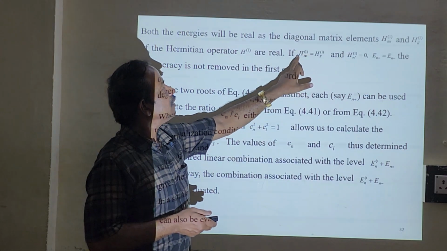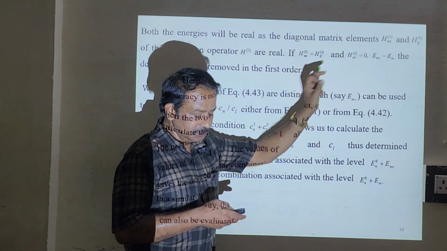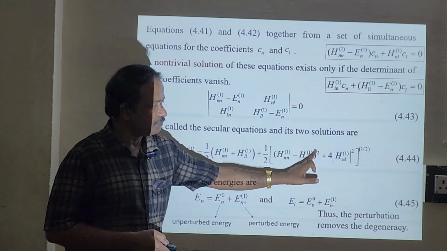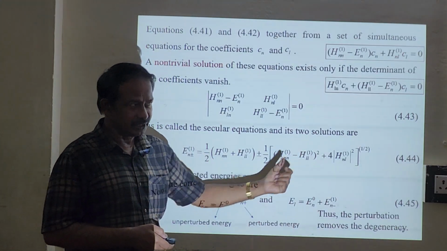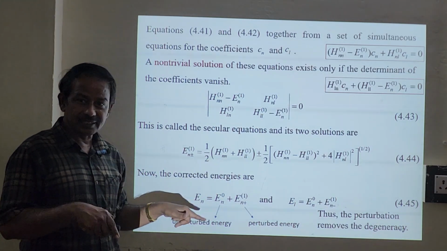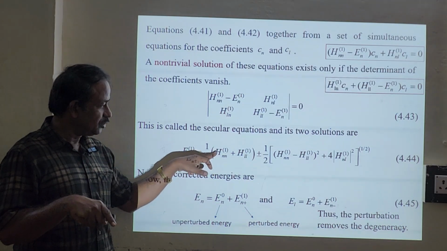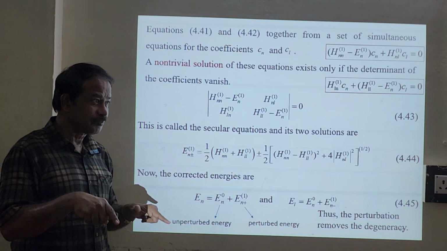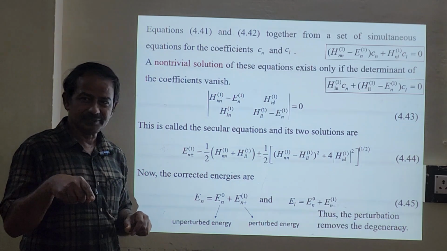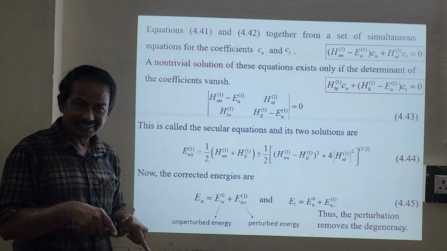The argument is like this: if both terms are equal and this term is equal to 0, we will not have this term; only this term alone will exist. If HNN equals HLL, it becomes 2HNN, that 2 gets cancelled, and you have HNN equals En. Similarly, HLL will again become El.